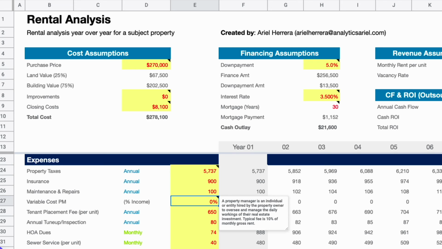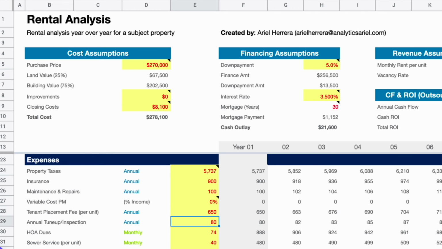Basically, someone who doesn't want to take care of their own property or has other things going on will pay someone else to do so instead. And a typical fee is about 10% of the monthly gross rent. So if you wanted to include that here, you could talk to different property managers and then input what their percentage fee would be. Next, tenant placement fee, which I have as a strict value of $650.